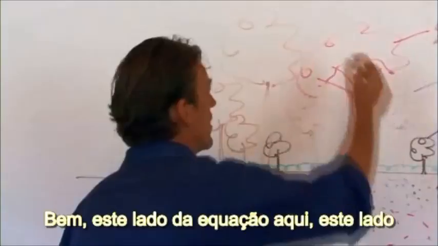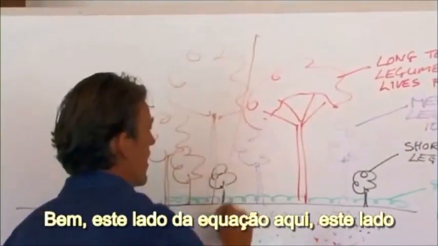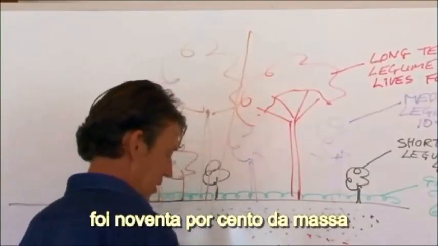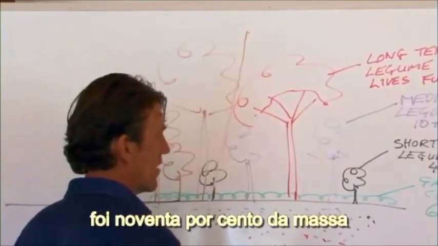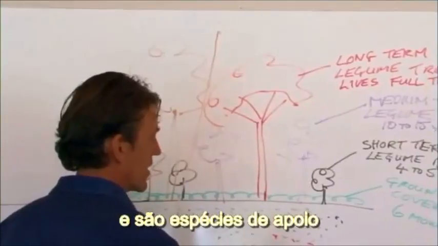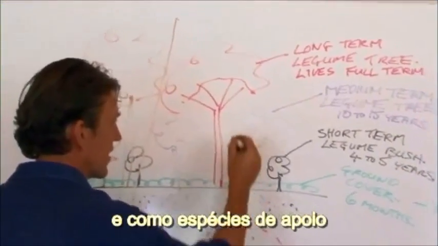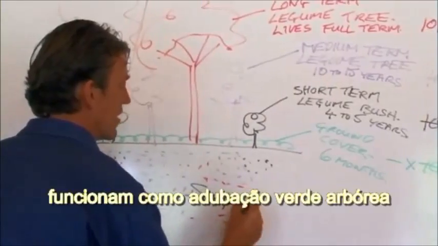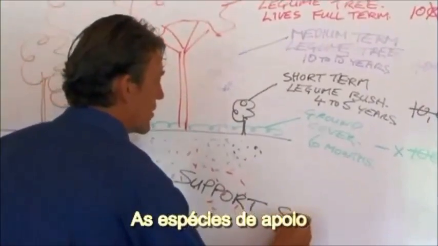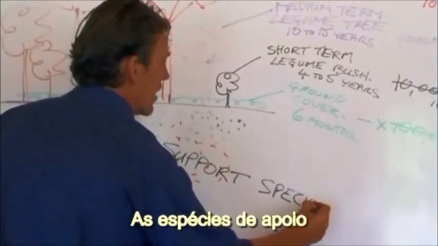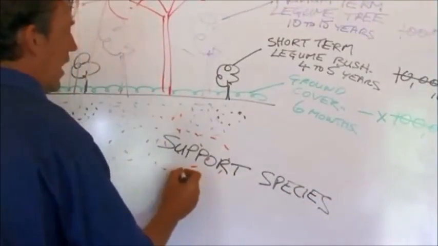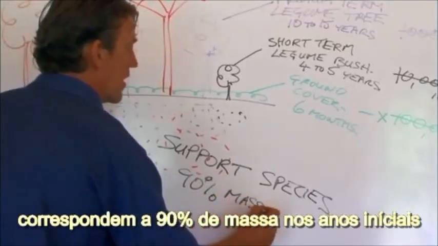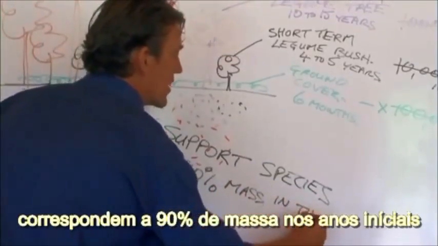Well, this side of the equation over here has been 90% of the mass has been support species. So our support species, these actual fertilizing trees, are 90% of the mass in the early years.